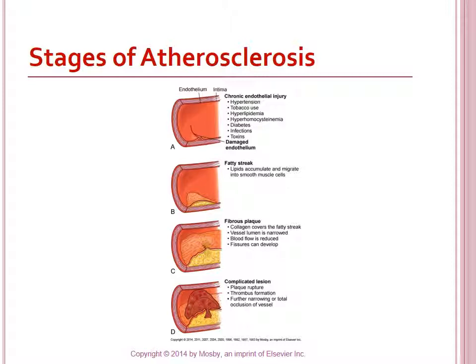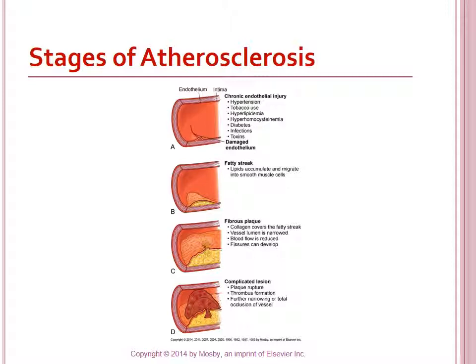In figure D, this is a complicated lesion. This is the final stage in the development of the lesion and is the most dangerous. As the fibrous plaque grows, continued inflammation can result in plaque instability, ulceration, and rupture.